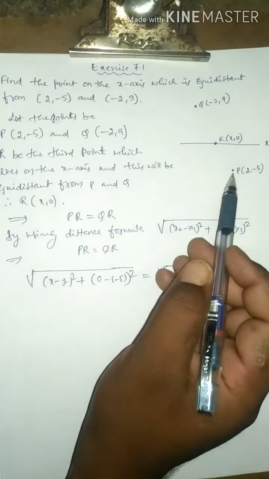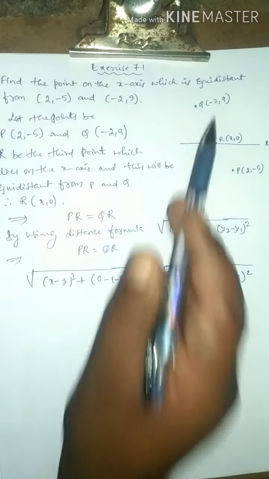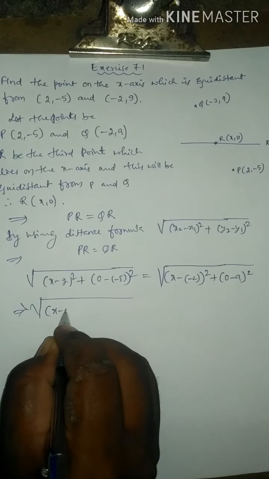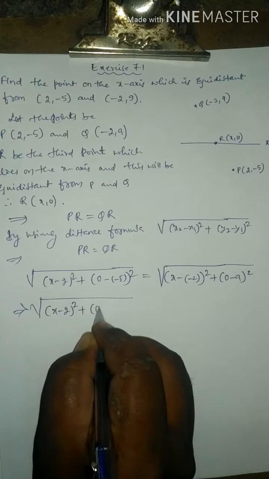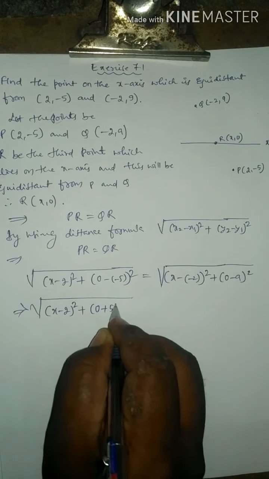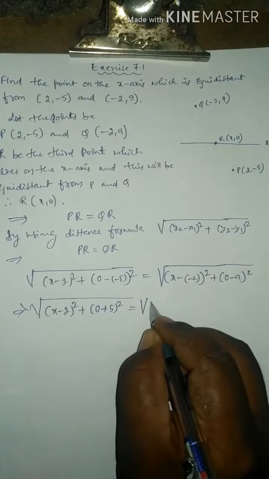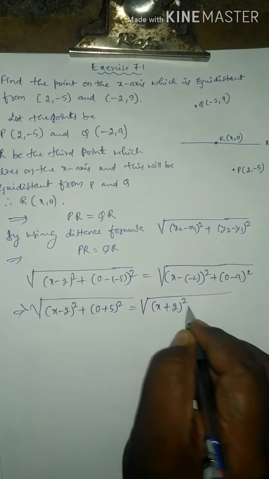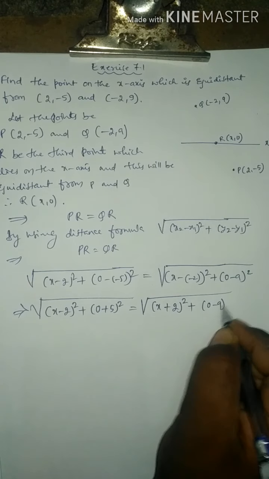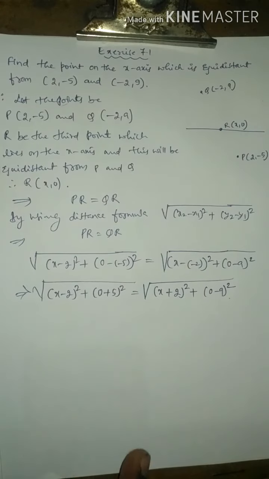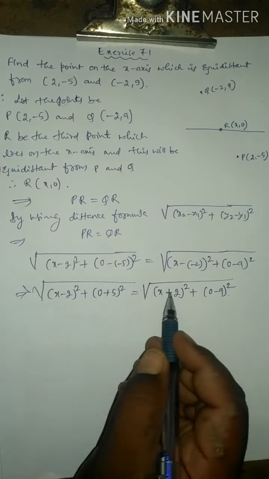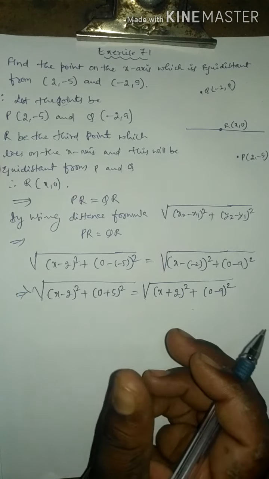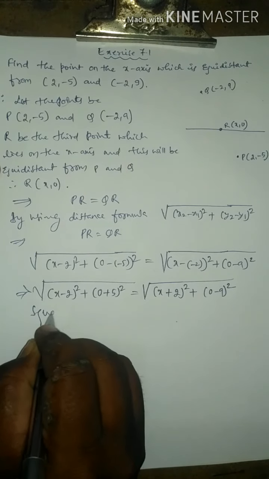So we are finding the distance from P to R and R to Q. Which implies under root x minus 2 whole square plus 5 whole square equals under root x plus 2 whole square plus 0 minus 9 whole square. Next step, we have to remove the square root from both sides. To remove the square root from both sides, what we have to do? Squaring on both sides.